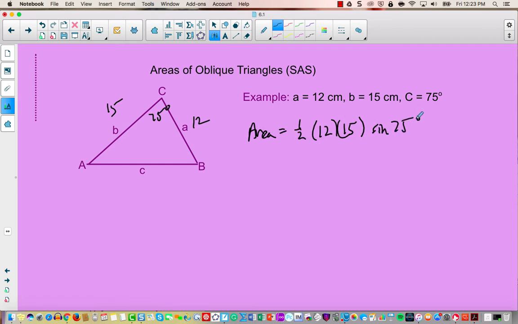And then you can make sure your calculator is in degrees mode and go ahead and work it out and see if you don't get the same thing I got, which was 86.9 square centimeters. So just round it off to square centimeters. This one's a piece of cake to apply.